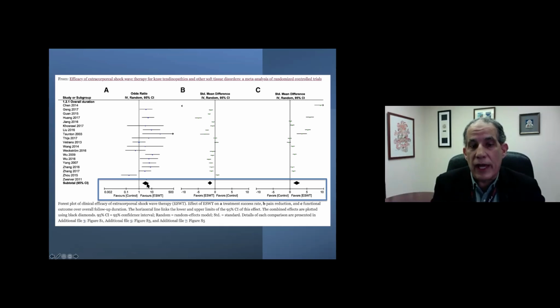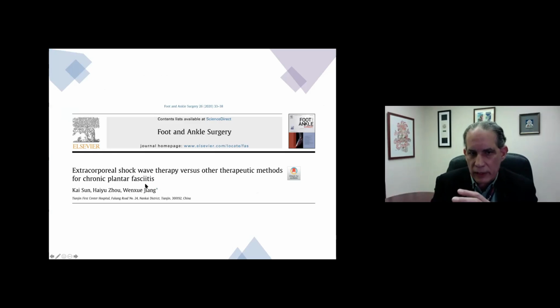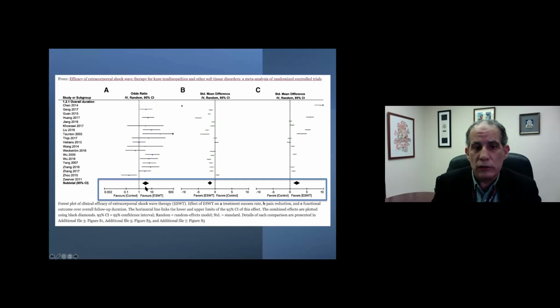And that is the diamond out here. So this is really the summary of all the studies above. So that's why I have this rectangle here. This really means that if you put all of these randomized controlled trials together, shockwave therapy is effective in terms of the overall success rate.